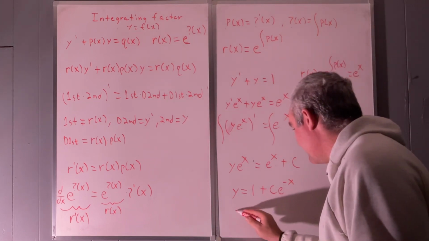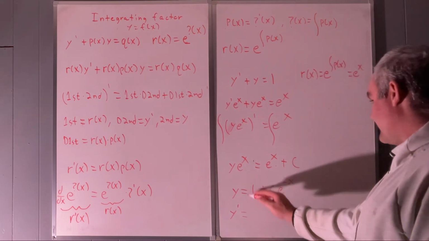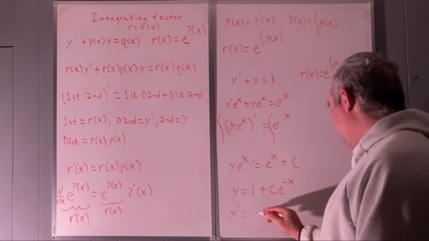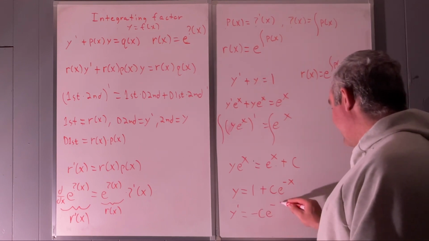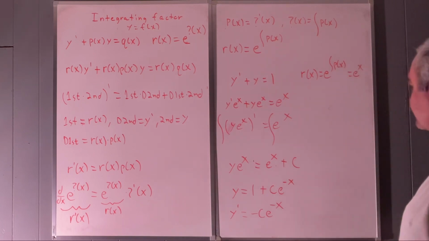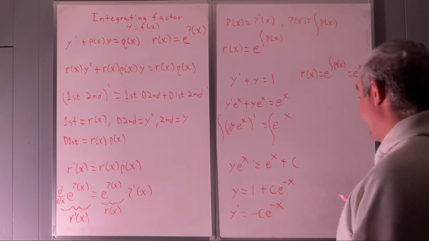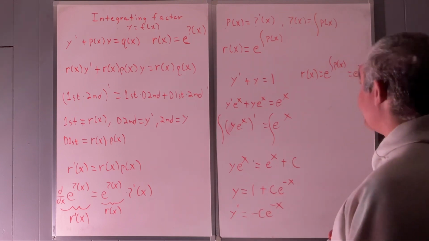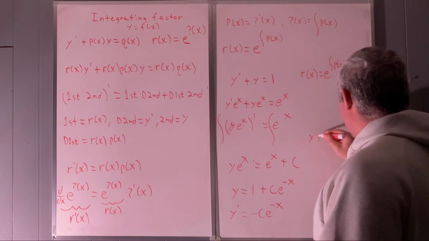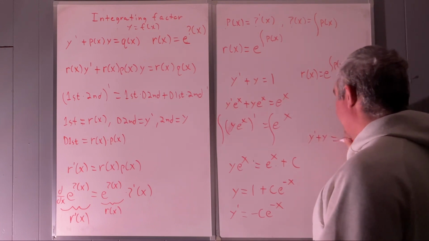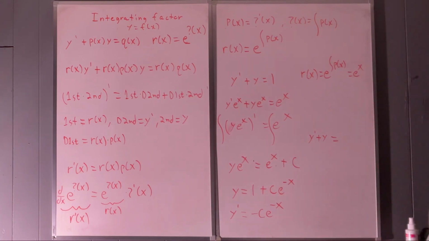Y prime, in this case, would equal, that would go away, and then we'd be left with a negative c times e to the negative x. And our y, of course, is just this. So let's add them together. Y prime plus y is equal to this plus this, and you can see that it will be equal to 1.